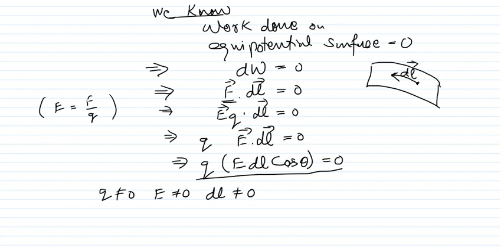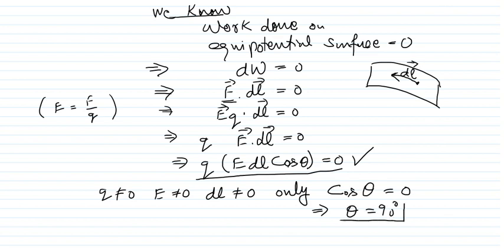So only one condition is left. Then what is left? Cos theta must be equal to 0. That is why this relation is equal to 0. And as cos theta is equal to 0, theta must be equal to 90 degrees. What is theta?